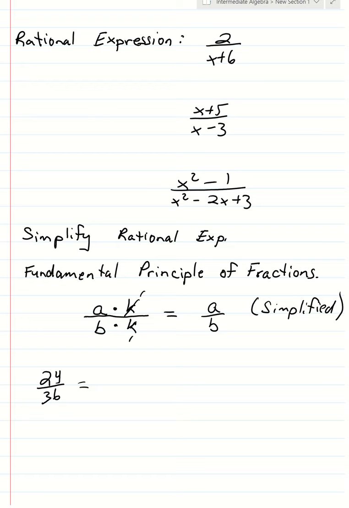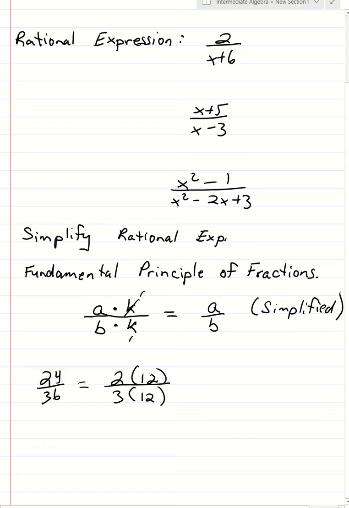And we're going to try to find a greatest common factor between those two numbers. And so for the number 24, the factors that I would use would be 2 times 12, because 2 times 12 is 24. 36 I want to write as the factors of 3 times 12.